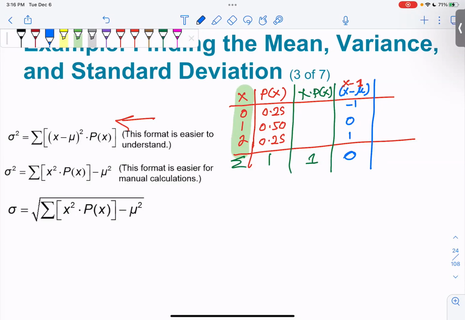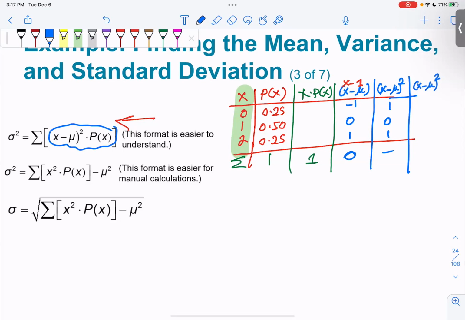Okay? And then we square this value, x minus mu squared: 1, 0, 1. We don't need the summation for this one. And then the next step, what? We multiply this value, x minus mu squared, times probability of x. So now we want to do this times this.